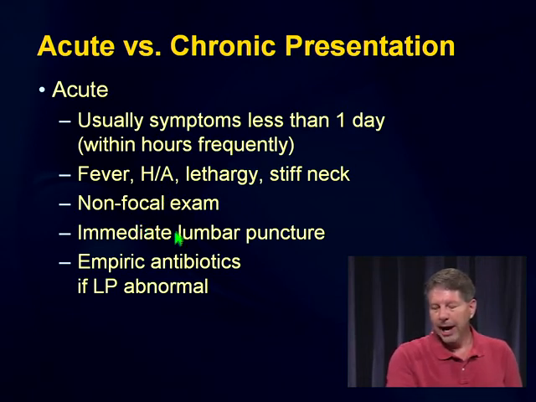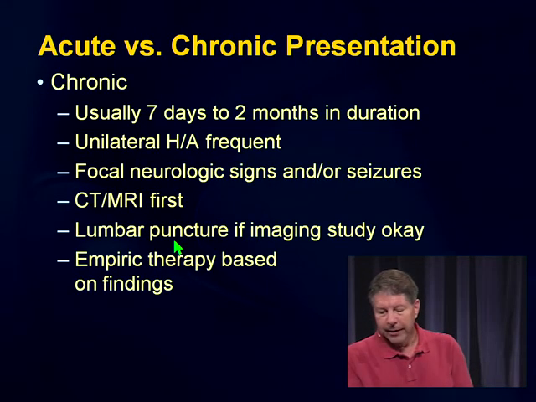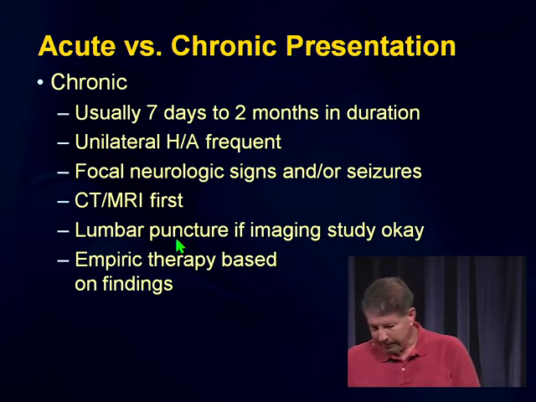It's okay to tap the kid or the young adult. This other one is telling you there's something bad going on. They've had this for 10 to 14 days. They've got focal neurologic signs like a 6th nerve palsy. You need to get the MRI first before you tap that patient. Okay, if the MRI is okay, then you do the LP, and then you base your therapy on that.